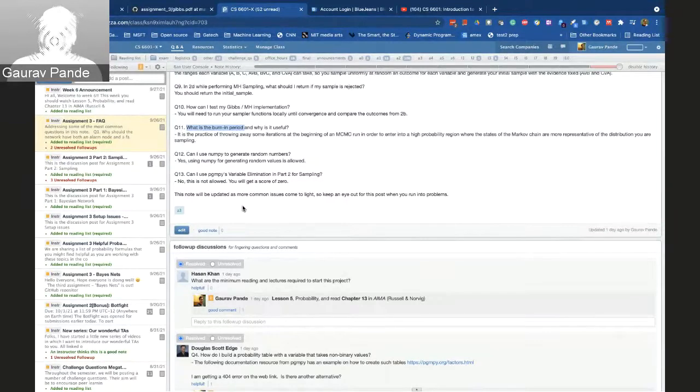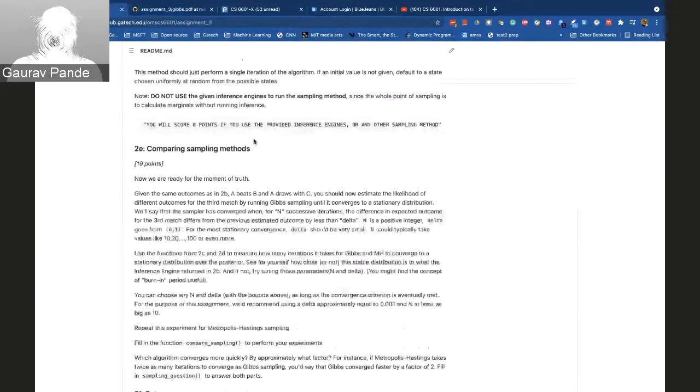If you think about it in terms of a graph, when you are running these algorithms, you might sometimes not even reach the peak where the higher density of the probability distribution is. So you might be stuck in the lower density region in that graph.